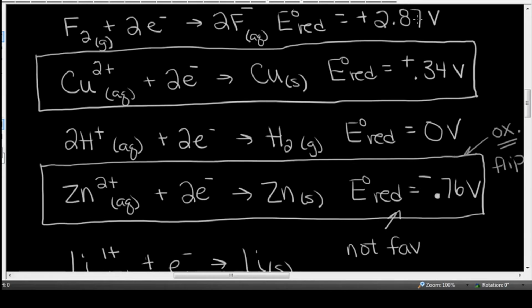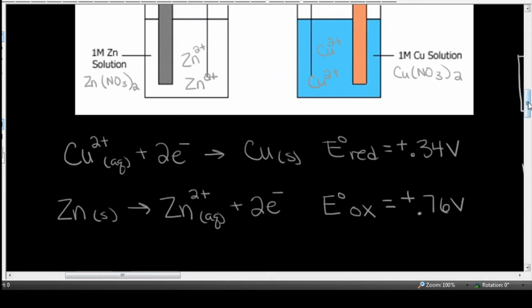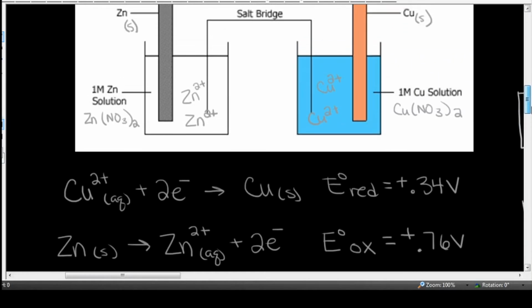You guys get what I'm saying. The one that's lower on the list, that's the one that you're going to flip. That's the one that's going to be oxidized. So I flipped it, and there are my 2 values. So in other words, here's what's going to be happening up above in my cell.